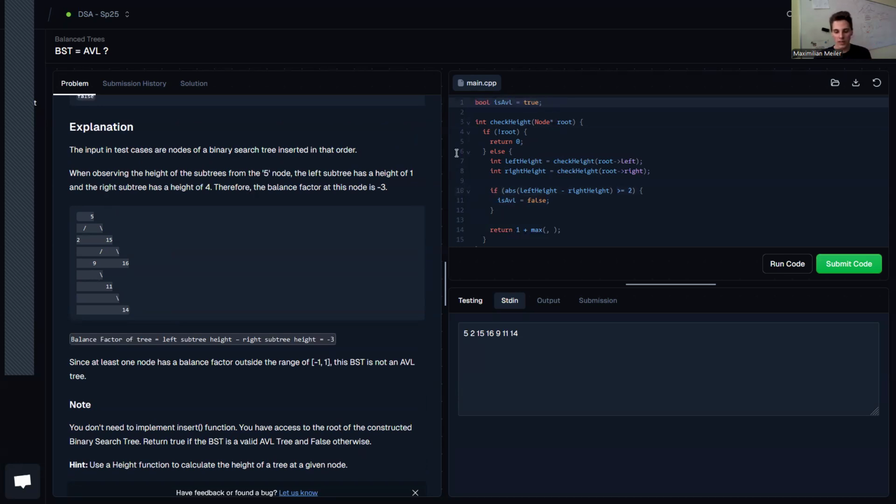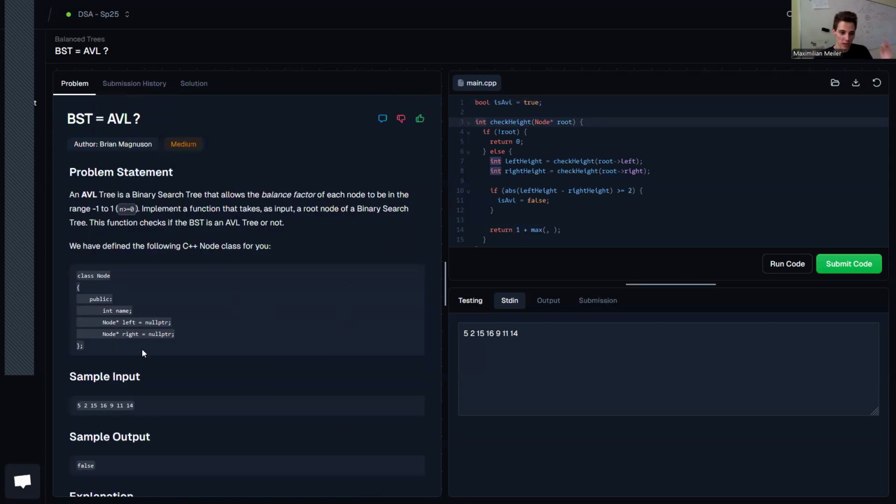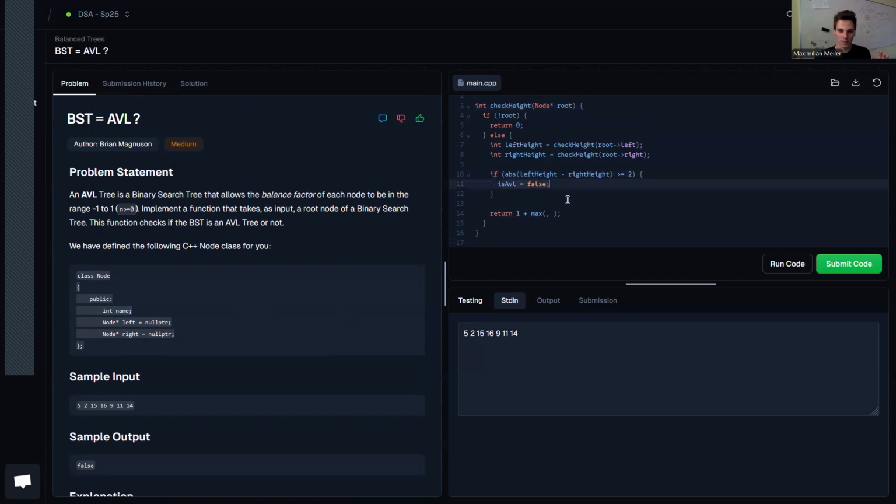There's some ways to alleviate this by making other functions that return different values, or just to straight up store heights in the nodes themselves. But in this case, I want to demonstrate the logic, and this is the simplest way to do it. So overall, we'll just assume it's true at the start. And if any of these recursive calls detect an imbalance, we'll set it to false.